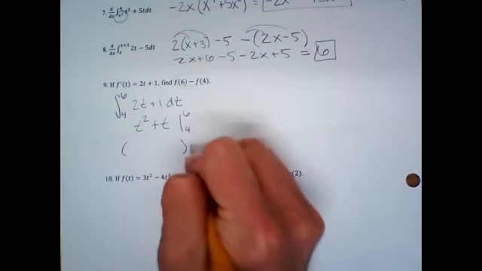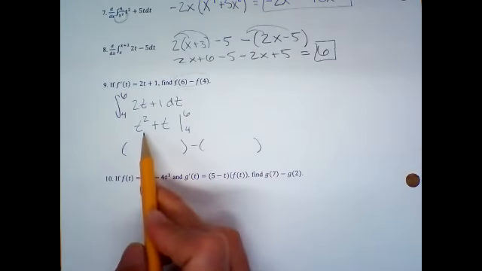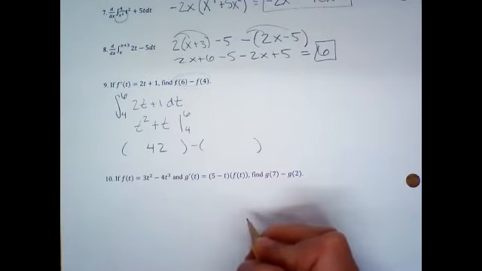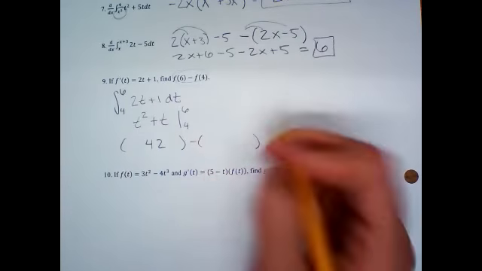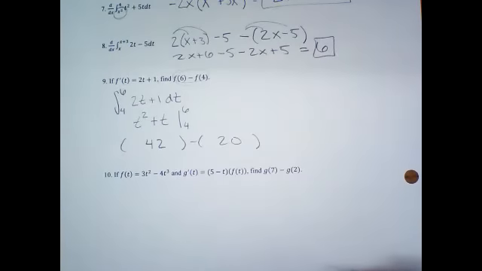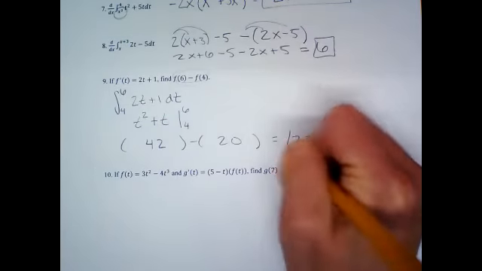Then upper boundary minus lower boundary. Plug in 6: 36 plus 6, so 42. Plug in 4: 16 plus 4, so 20. So the answer is 22.